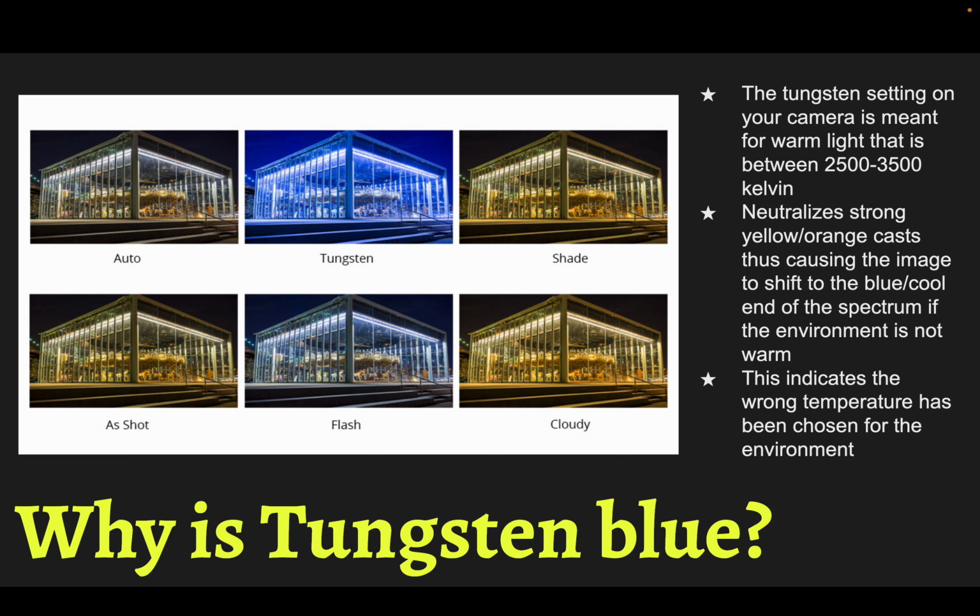So what it's doing is that it is meant for warm light that's between 2500 to 3500 Kelvin, and it's neutralizing the strong yellow-orange cast, which thus causes the image to shift to the blue cool end of the spectrum if the environment is not warm. So this indicates that the wrong temperature has been chosen for the environment.